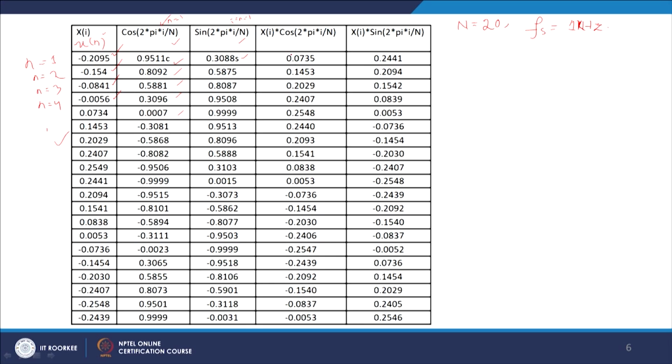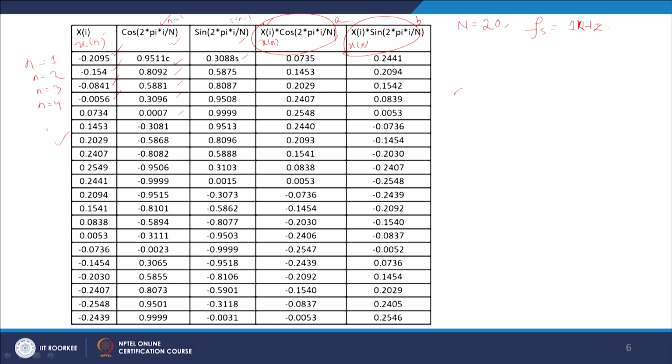After getting this cosine factor and sine factor, we multiply the corresponding x[n] value with the sine and cosine factor, and finally we take the total factor; let me denote this total factor as a and this total factor as b.